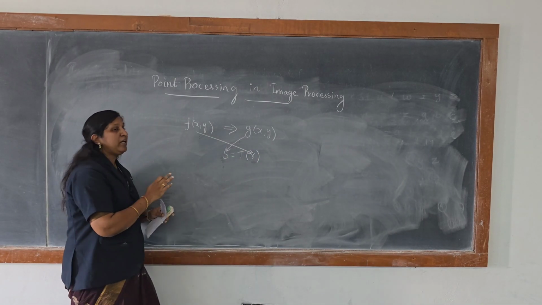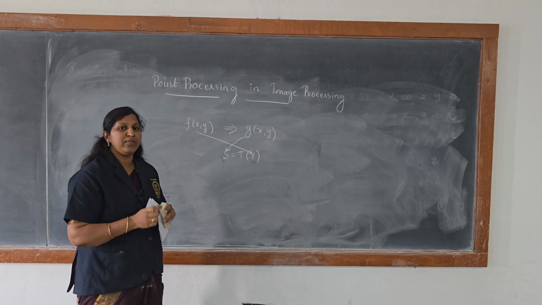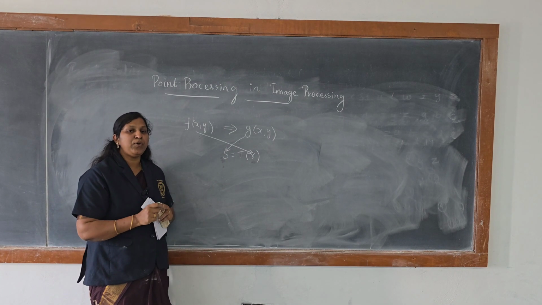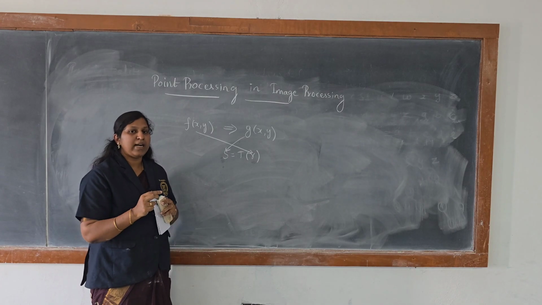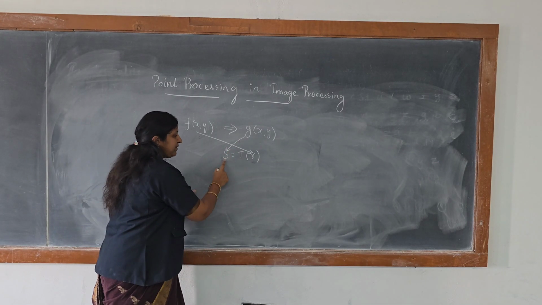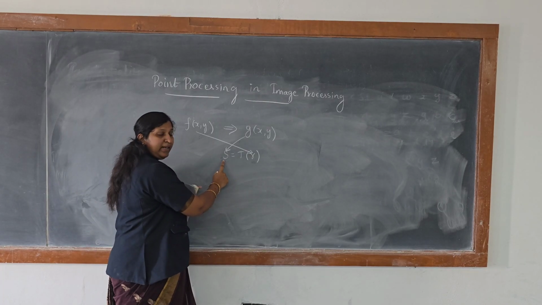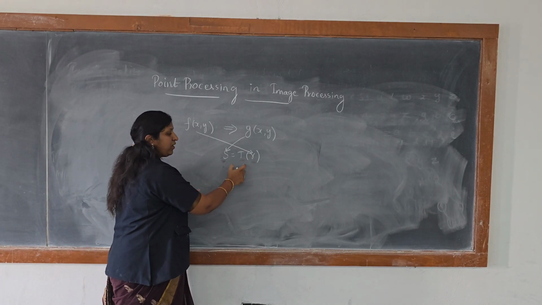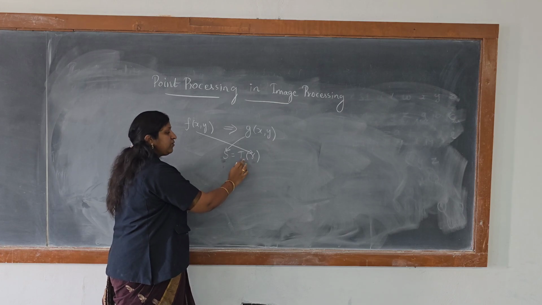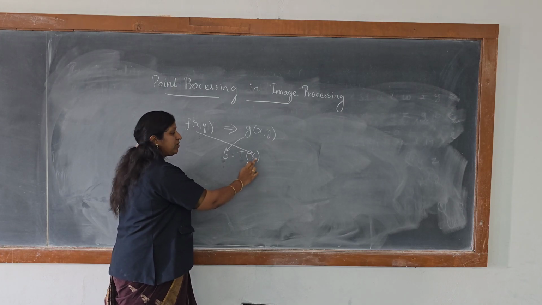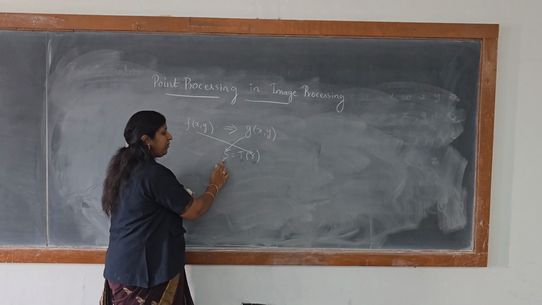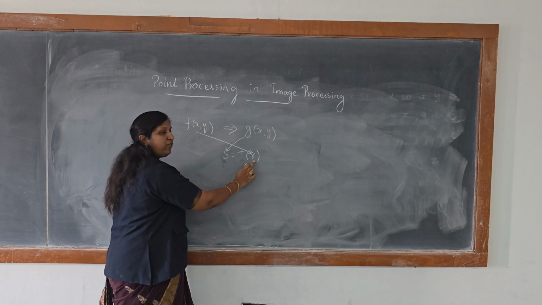As I told you earlier, in point processing we take each and every individual pixel in the input image and apply some transformation function to get the output pixel. T is a transformation function or point operation. By doing the transformation function over the input pixel, we get S. So the relationship says that S is equal to T of R.